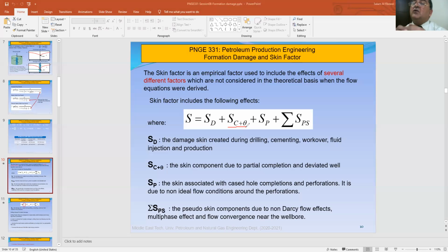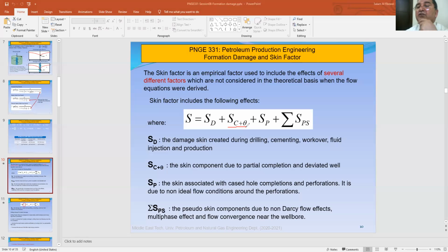So D Q is the rate dependent skin factor. D is the non-Darcy flow coefficient. If we have multi-phase flow, there will be some extra pressure drop caused by multi-phase flow.